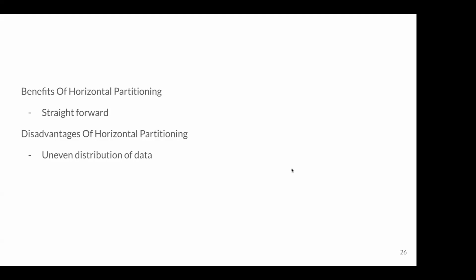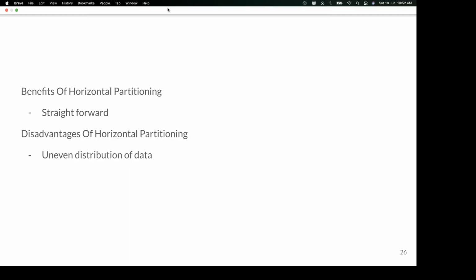Now school 1 can be a kindergarten with only 20 or 50 students. But if the second school is large, with so many students, then your data is not even. One database is going to have less load and the other is going to have more storage. So that's the disadvantage of horizontal partitioning. Now let's go to the next one.